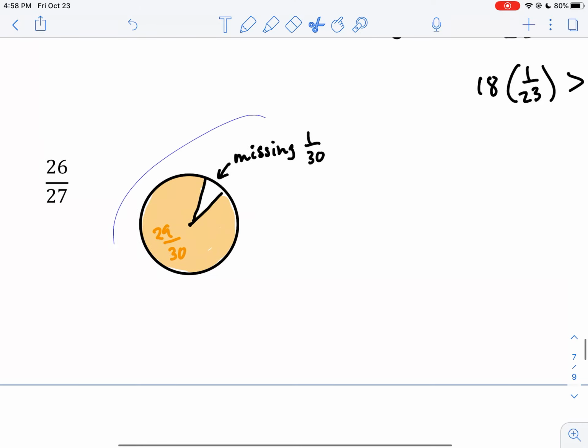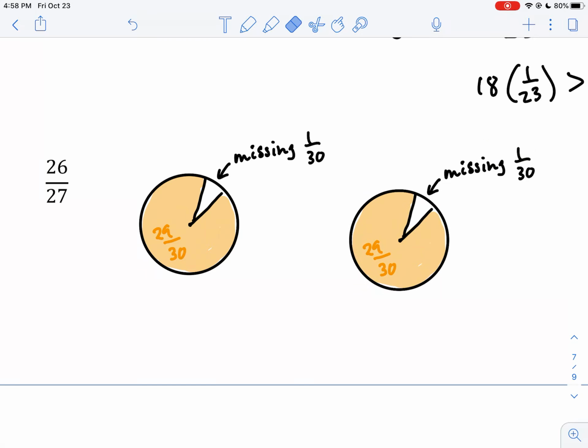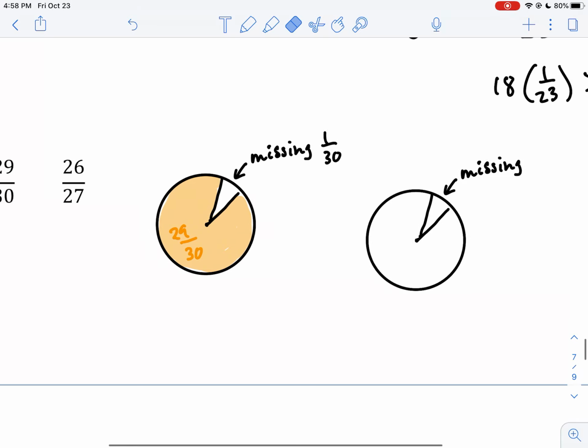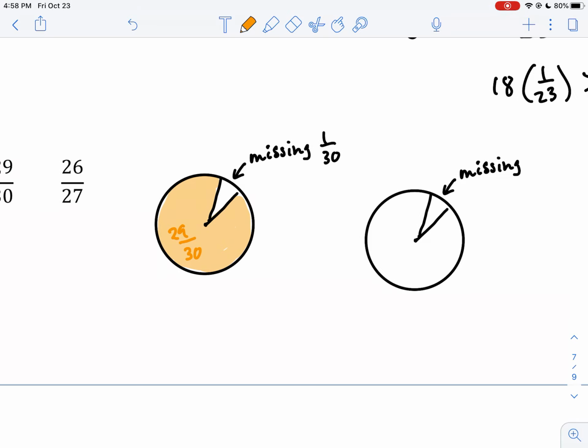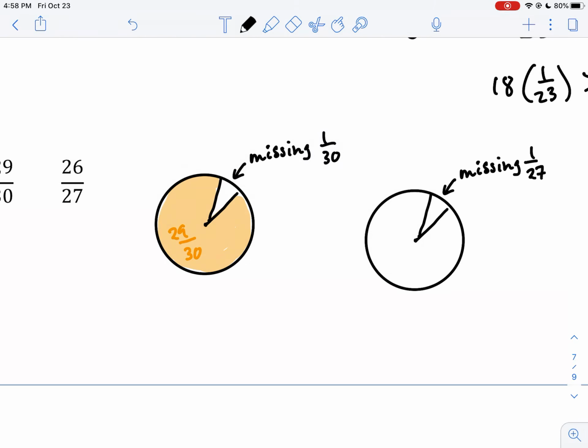All right, if I were to do something similar for the other one, so let's just copy and paste this. Let's delete this stuff. And okay, so 26/27. What's missing is 1/27. Right, because you get one more 27th on there, then you have 27/27, so you have the whole circle. What's larger, 1/27 or 1/30?